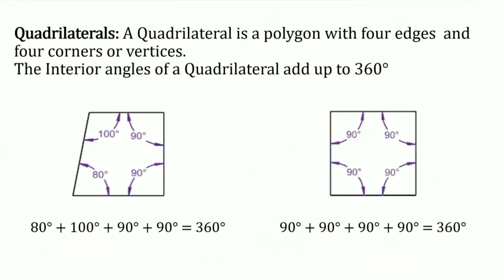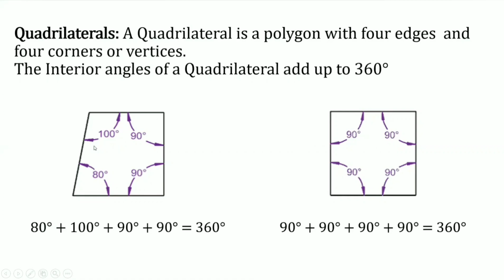Next, quadrilaterals. A quadrilateral is a polygon with 4 edges and 4 corners or 4 vertices. And the interior angles of a quadrilateral add up to 360 degrees. Here are the diagrams of quadrilaterals. You can see both have 4 sides.